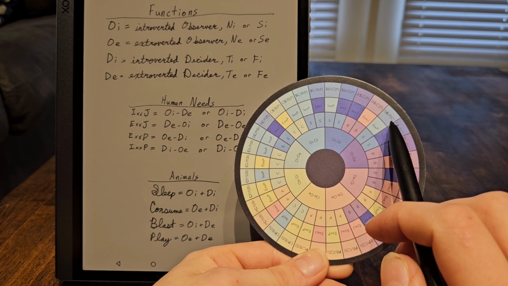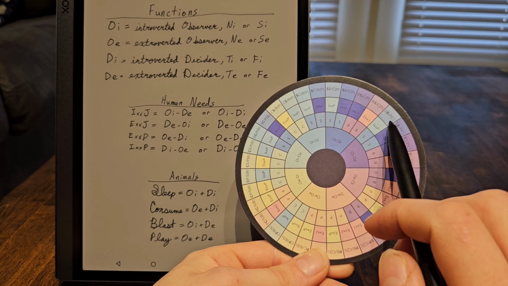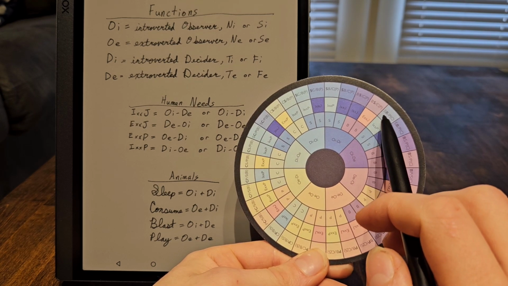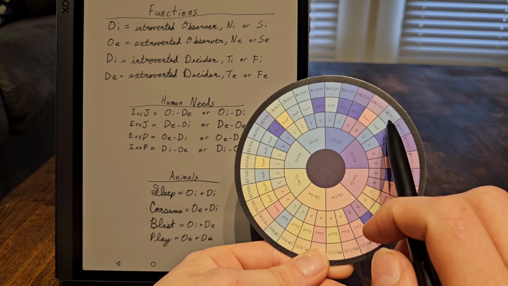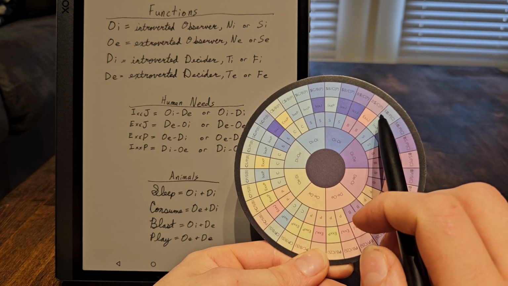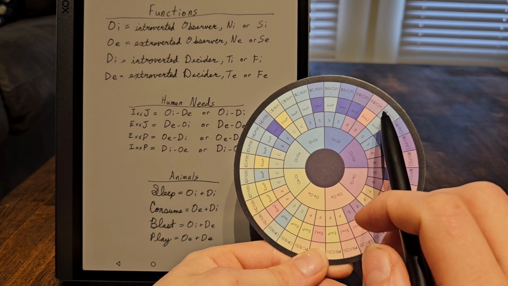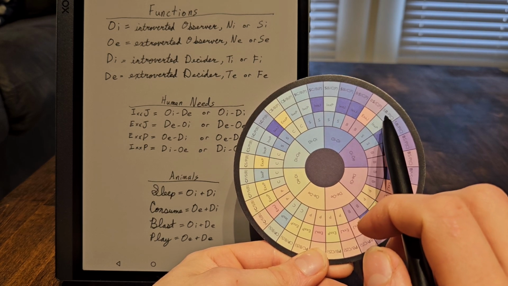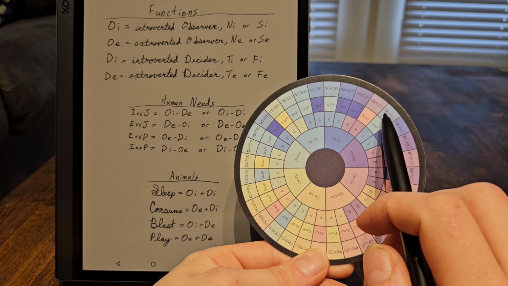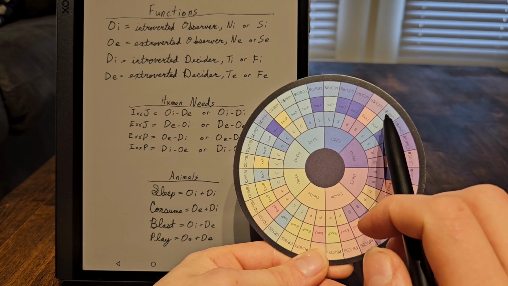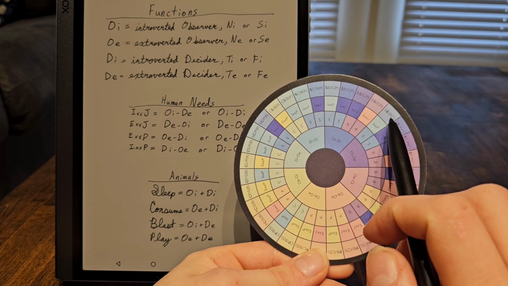Consume is OEDI, which means the only animal that activates their DI as a savior is their sleep. They get the DI activated once, but they get that DE activated by their blast and their play before they get to the consume.